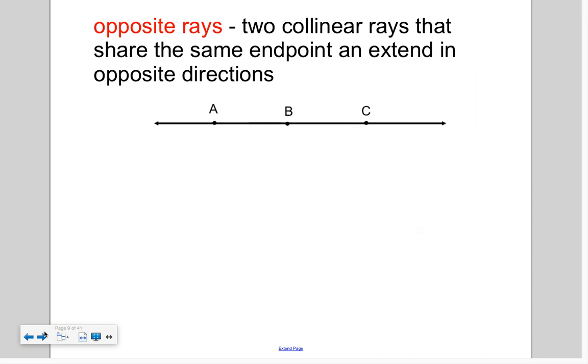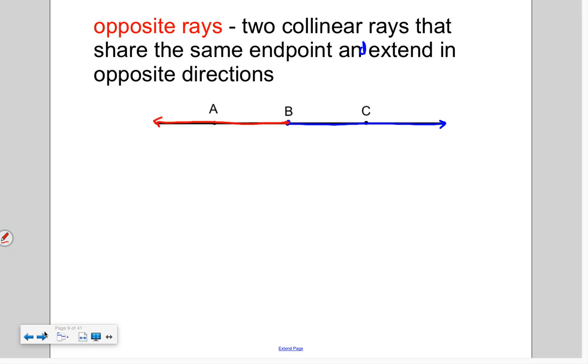Opposite rays are 2 collinear rays that share the same endpoint and extend in opposite directions. So we have 2 rays here, ray BC and ray BA.